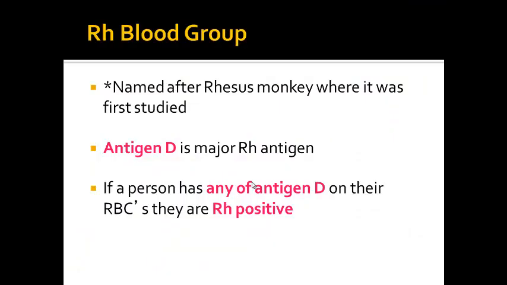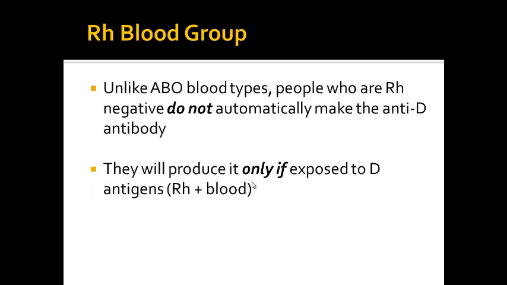The RH is talking about whether or not a person is positive or negative blood type, and that is a completely different antigen. So easy to get confused, but also easy to remember if you have it figured out. It's a silly name because of the rhesus monkey, where it was first studied. But again, it's antigen D that you either have if you're positive or don't have if you are RH negative.